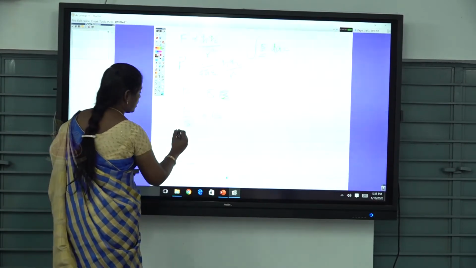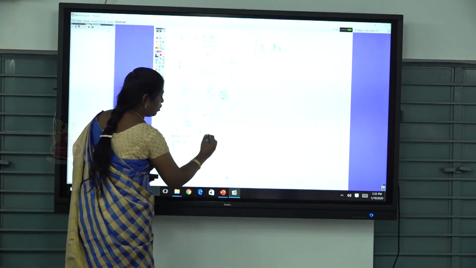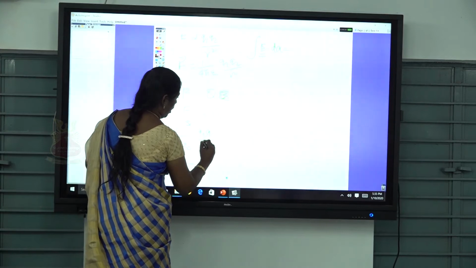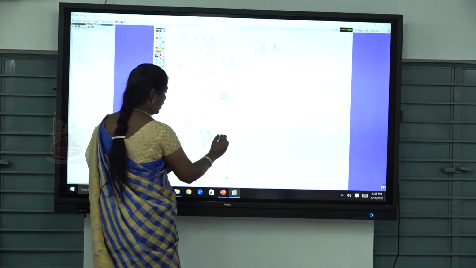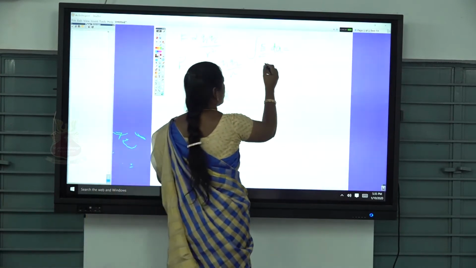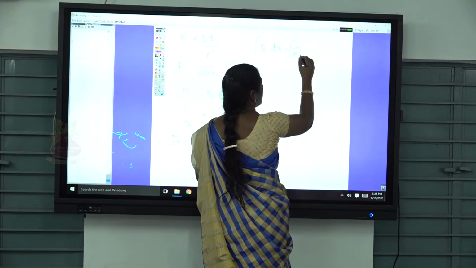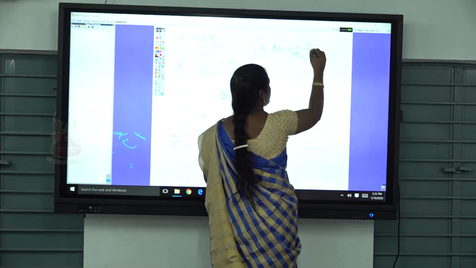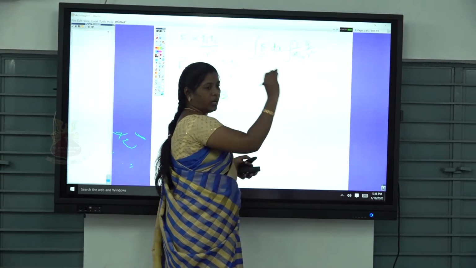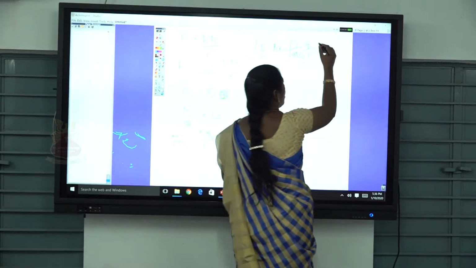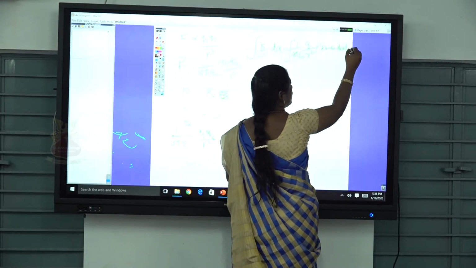We know F by Q equal to E. So F is 1 by 4 pi epsilon naught Q1 Q2 by R square divided by Q. One Q is cancelled. So E equals 1 by 4 pi epsilon naught Q by R square. Here dA is substituted in spherical polar coordinates, therefore R square sin theta d theta d phi.